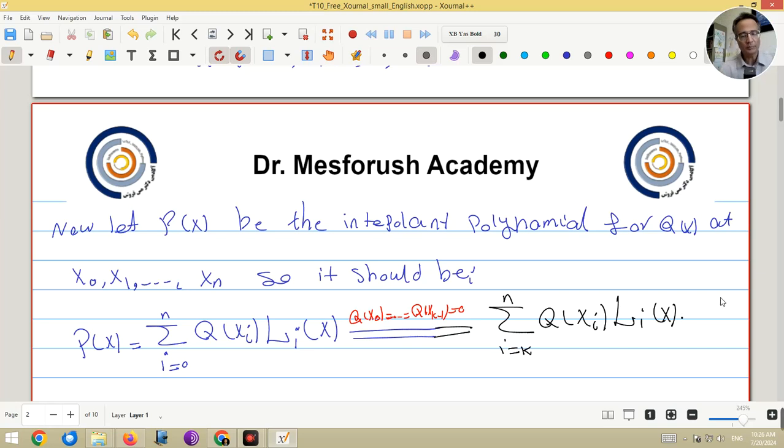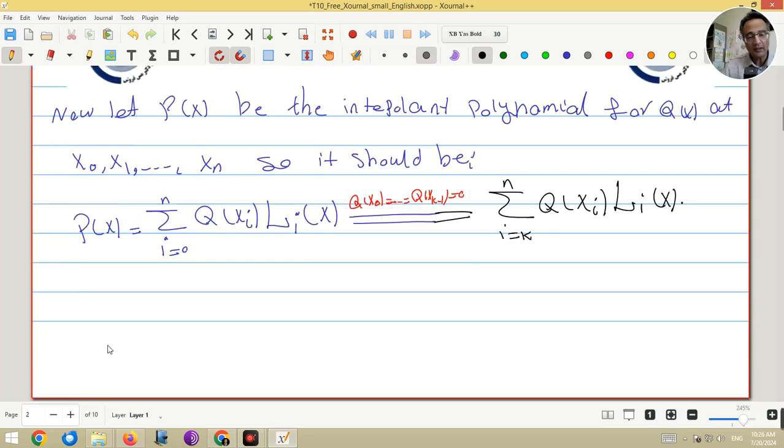So p of x has this form. Now we have to show that p of x is equal to q of x. To this end we consider the error term between q and p.